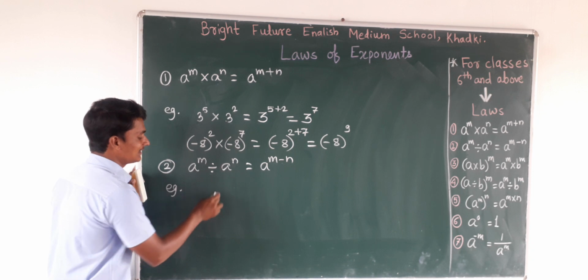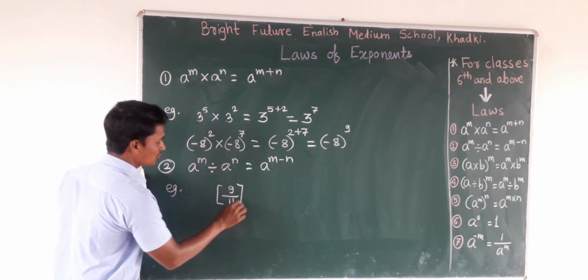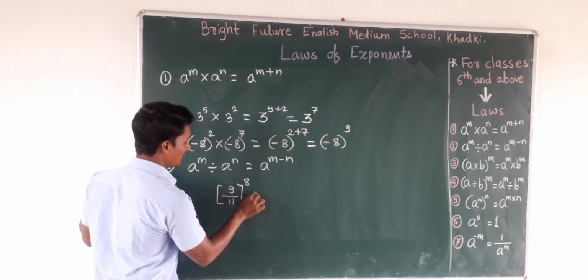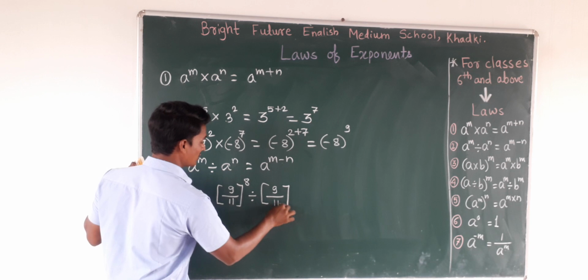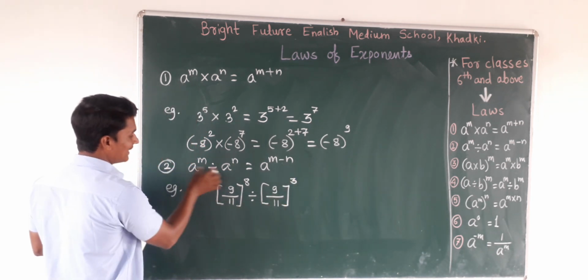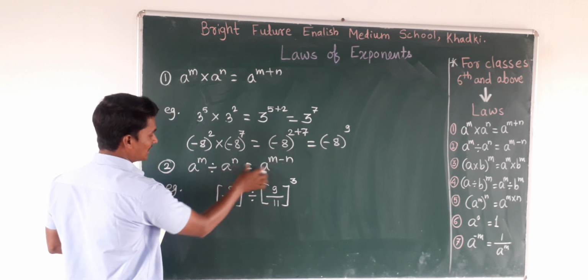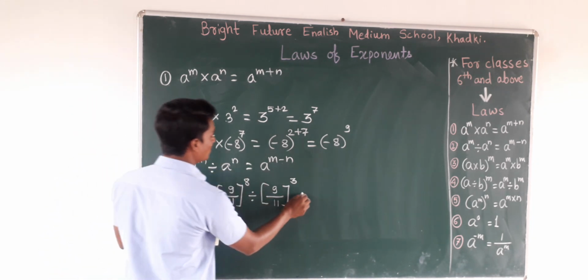So the first example of this. Suppose the base is a fraction: 9 upon 11 raised to power 8 divided by 9 upon 11 raised to power 3. Now see, both numbers have the same base and different power. Then what will we do?